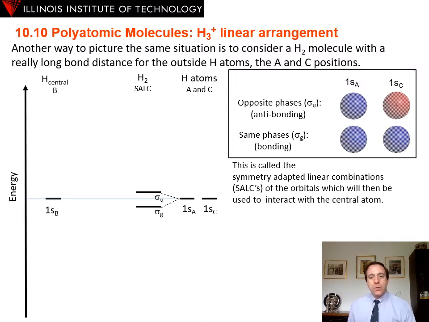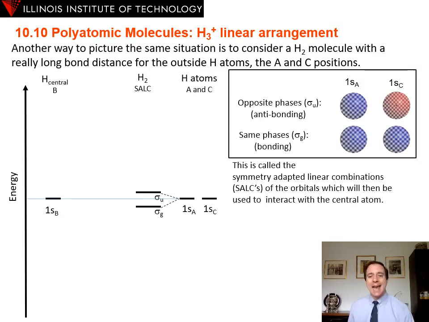So remember, though, it really is only going to interact with the sigma sub g, that bonding orbital, the lower one, because the upper one, if we drop the central atom right in between those, it's going to have a non-bonding interaction with the sigma sub u, the anti-bonding orbital, because if we drop it in as a blue atom, or a blue wave function, it's going to positively overlap with the A and negatively overlap with the C and have a net zero interaction.